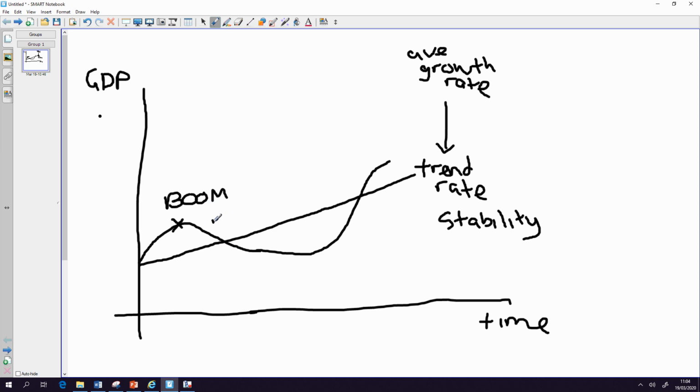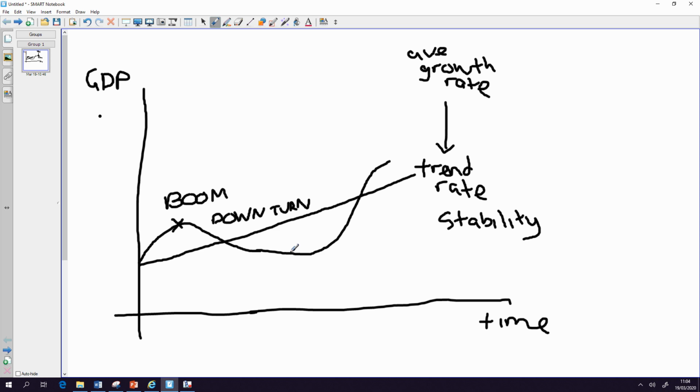Now, what we then have on the business cycle is something that we call a downturn. For reasons that I won't go into in this video, what will tend to happen is, after a boom, the economy has grown too much, and then it starts to enter a downturn on the business cycle. A downturn is when the rate of economic growth is starting to fall.